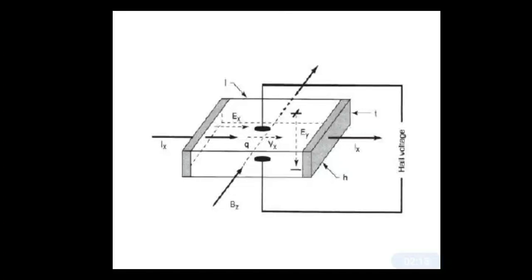Because of this, there will be a force acting on the holes which is perpendicular to the X direction as well as the Z direction. That is a force in the Y direction. Here in this case the direction will be upwards, since Bz is into the surface and Ix is in the X direction. This results in an accumulation of holes on the top of the semiconducting material.